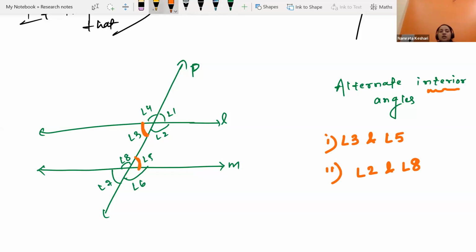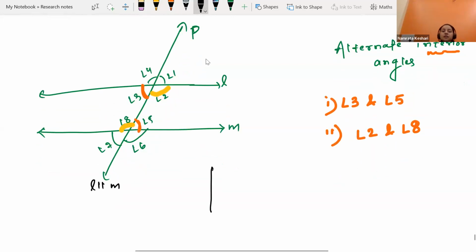The name of these two orange color angles is alternate interior angle. The name of these two yellow color angles is alternate interior angle. Now again we will repeat the same concept: it will be equal when L is parallel to M. This pair of alternate interior angles will be equal with each other.